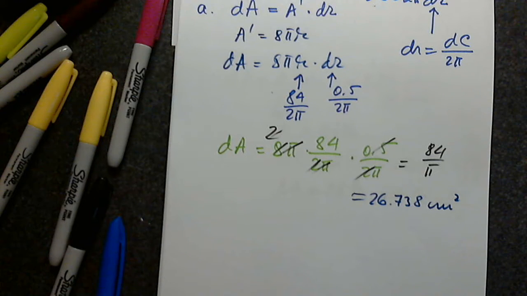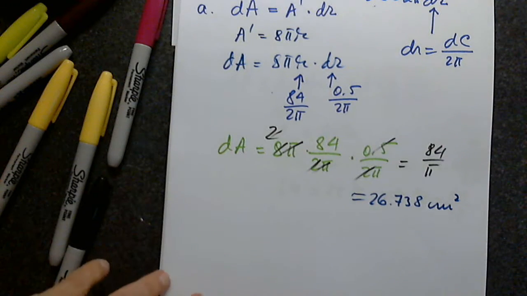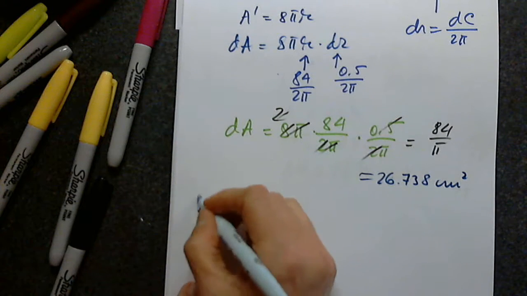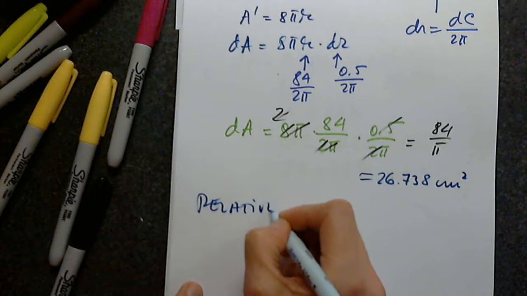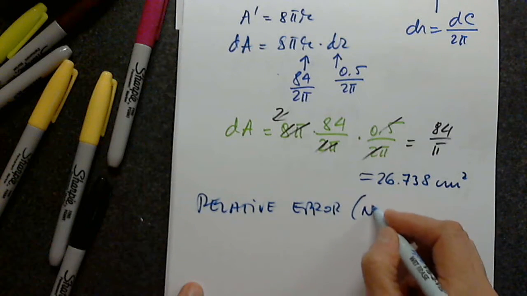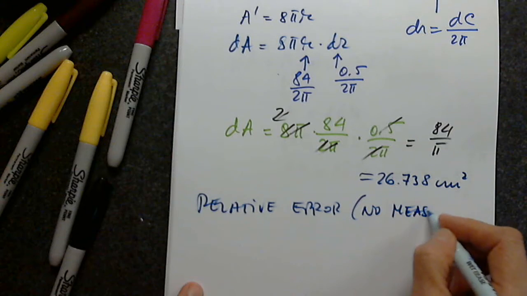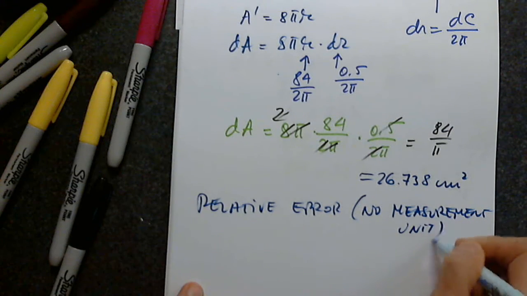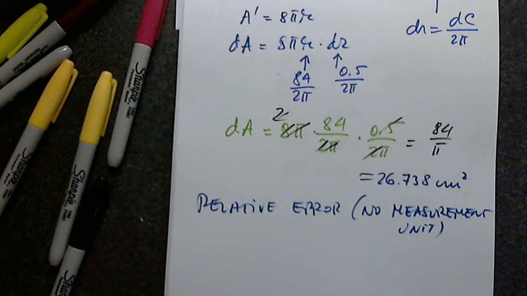So what's the relative error? Very good. That's the next step. I was just waiting for you to say, okay, relative error. The relative error has no measurement unit. The relative error is the error over the area. The error in the area over the area.